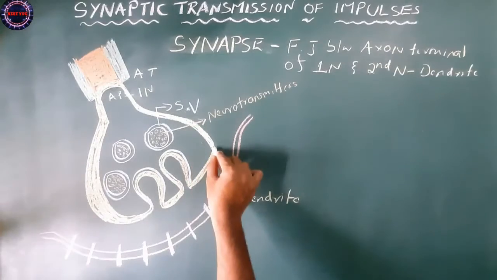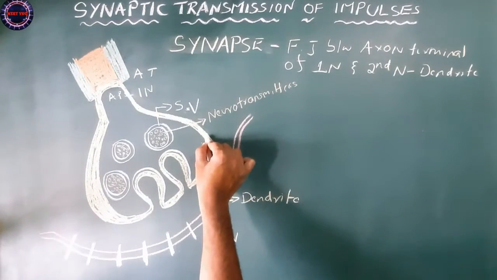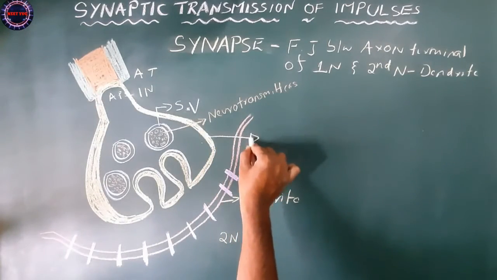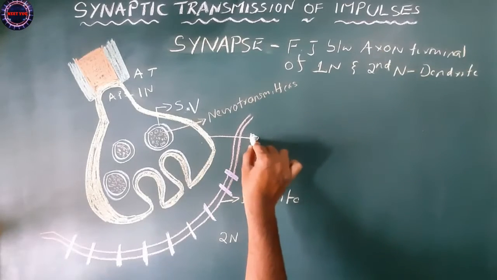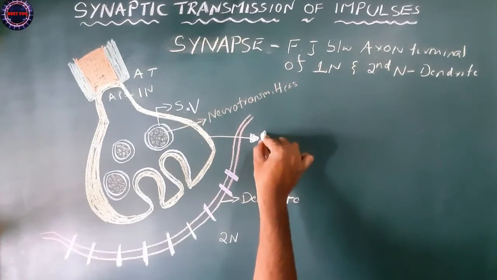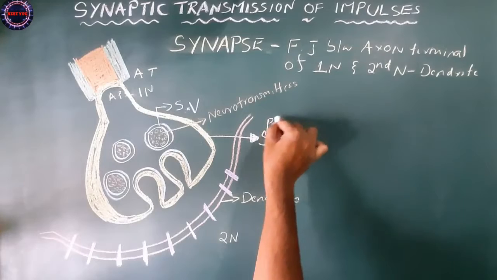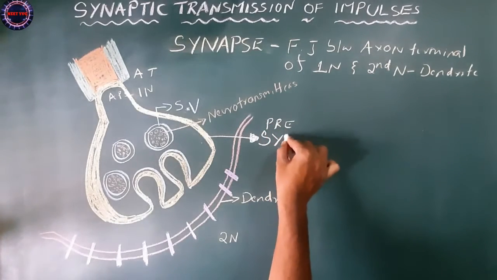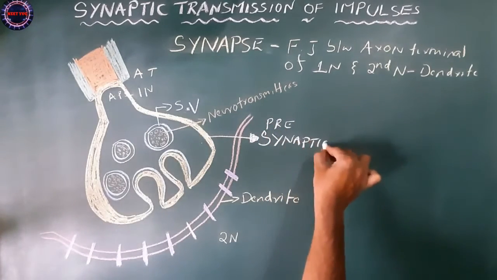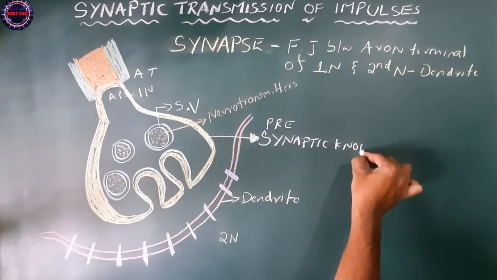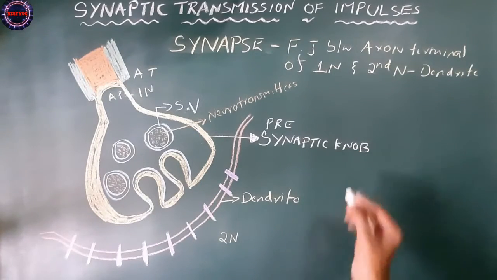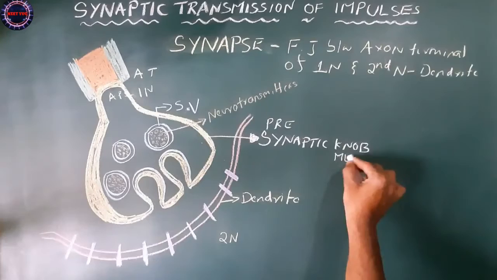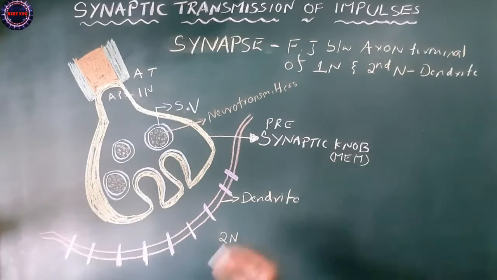This is the first part of the synapse, called the presynaptic knob, or we can also write this as presynaptic membrane.